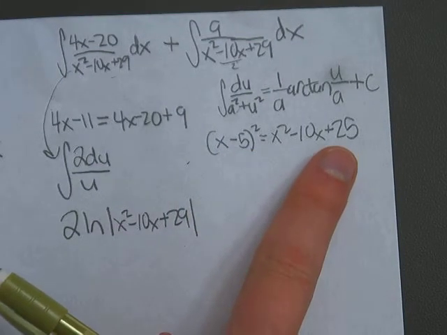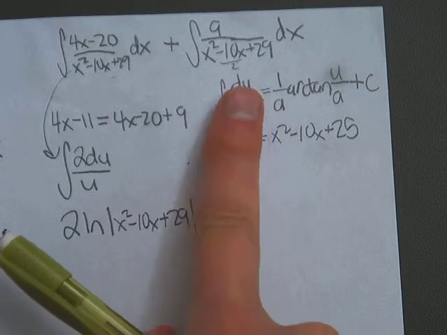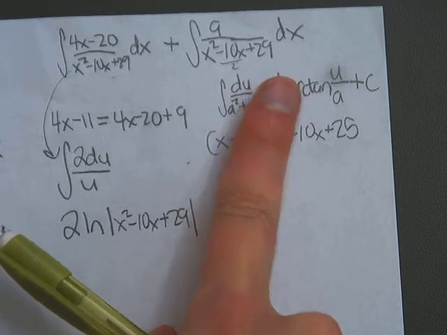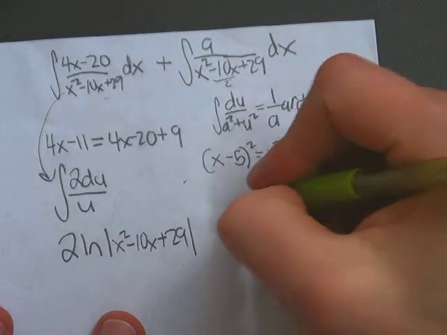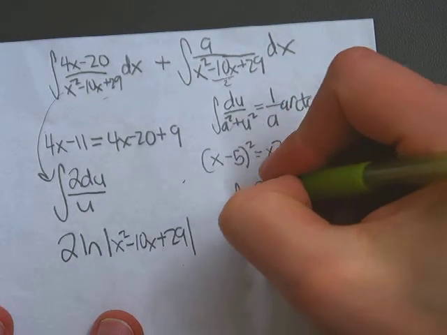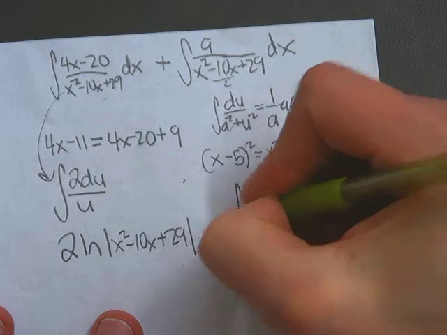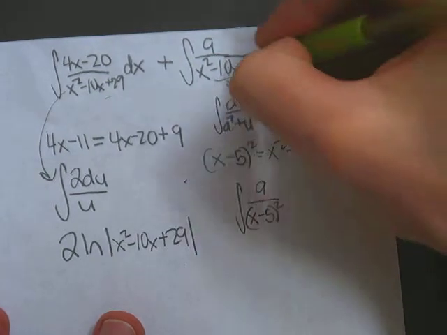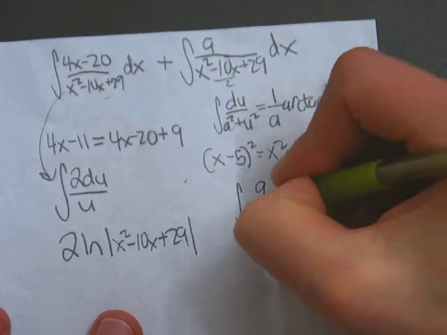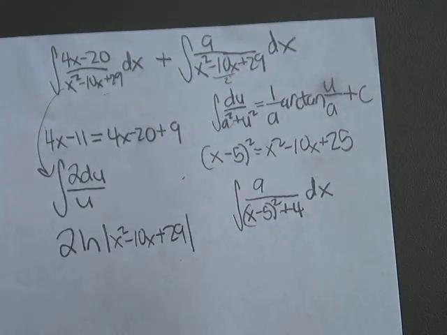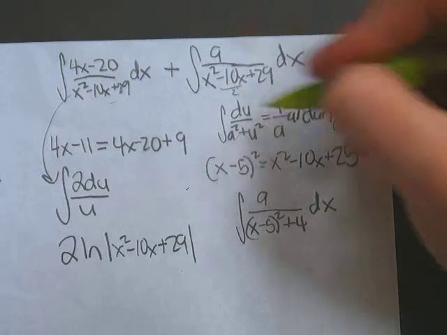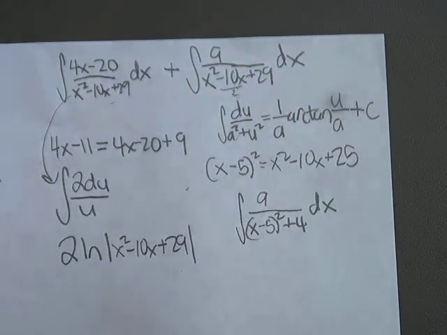Now, to actually get x squared minus 10x plus 29, I need 4 more. So my new bottom is going to be 9 over x minus 5 squared, and that takes up 25 of my constant term, and I need 4 more on the bottom to actually match my original guy there. So I've used completing the square to rewrite this guy so it looks like this.